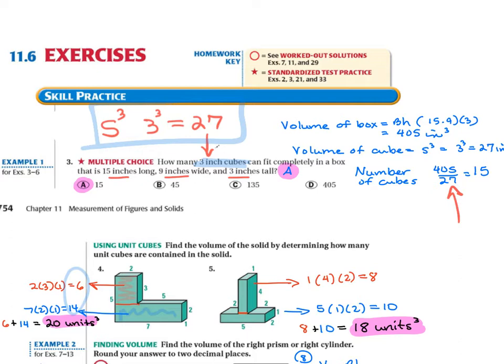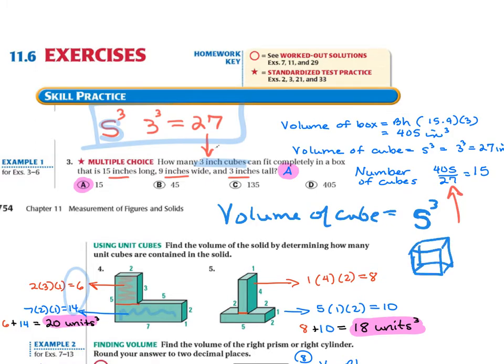Like, how did you know to do like 3 cubed is 27? Oh, that's an S. So a shortcut way of doing volume of a cube is just to take the side length, this is an S, and do it to the third power. Because remember, when you have a cube, the length, the width, and the height are all the same.